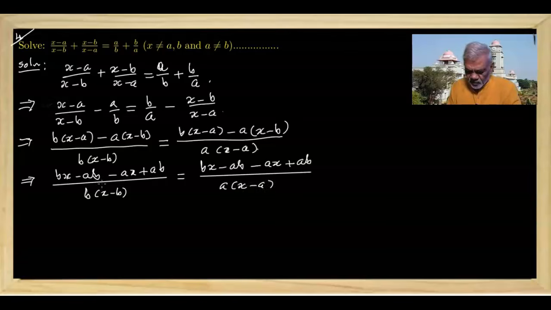Now we can observe the numerator here: minus ab plus ab is getting cancelled. The same way will happen in case of the right hand side.